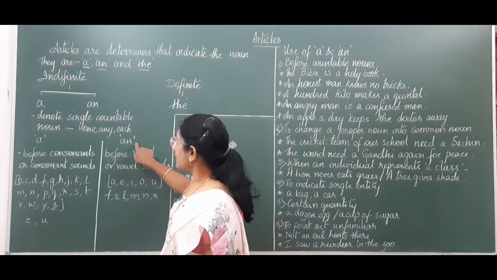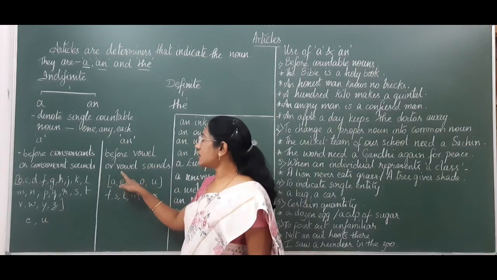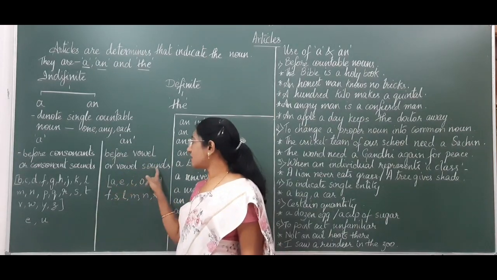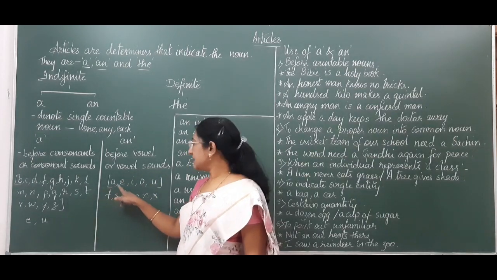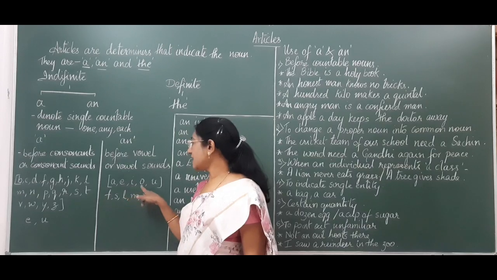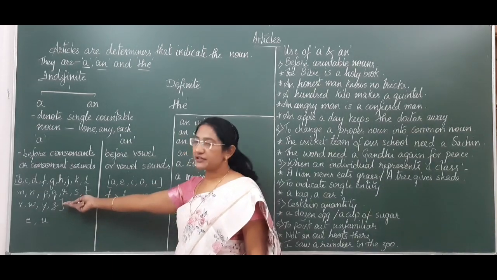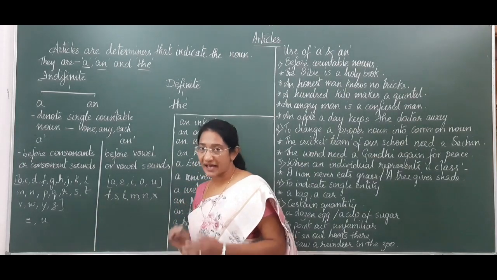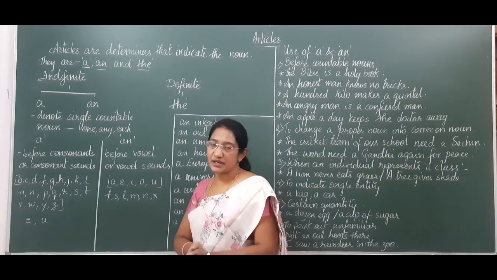Well, an is used before vowels or vowel sounds. So, the sounds of vowels are produced by alphabets A, E, I, O, U. There are a few consonants which produce the sound of vowels as they begin a word.